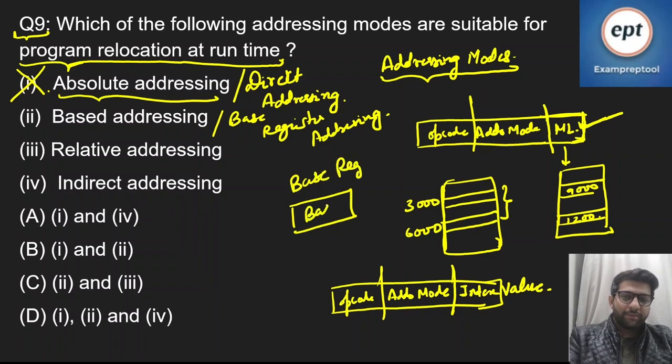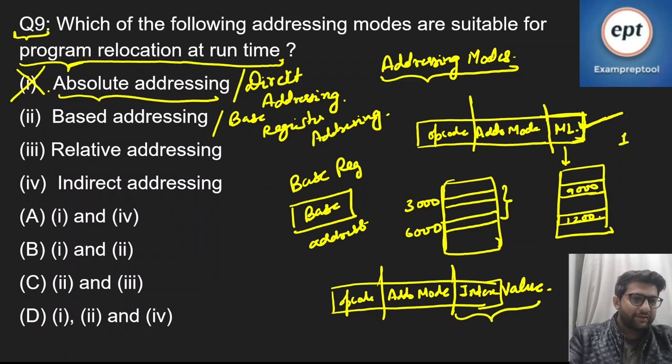which will store the base address. Let's say you are accessing an array, so the base address of the array. Even if we relocate a program from here to here, the offset within the array will be the same.